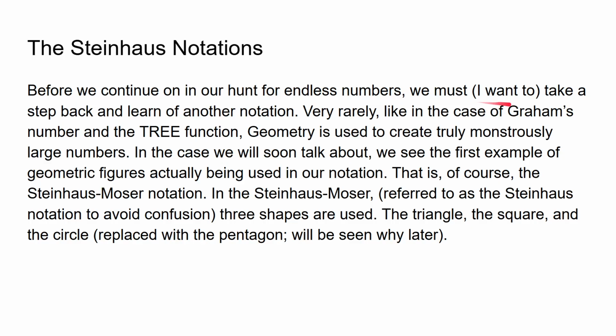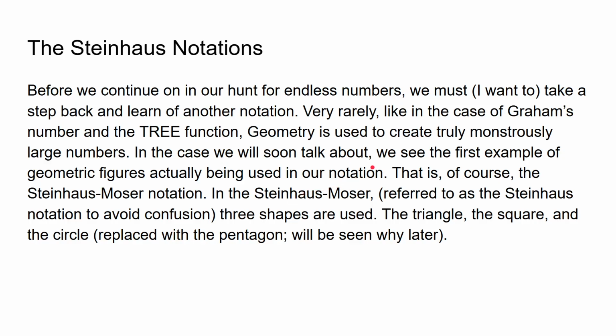So, much like Graham's number and the Graham function and the tree function, the Steinhaus notations are geometric. They don't have anything to do with geometry, but they are notated as geometric symbols. The circle, just so you guys know, will be replaced with the pentagon for reasons that I will explain later.